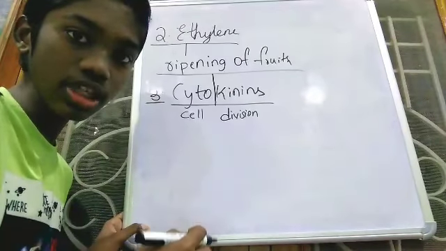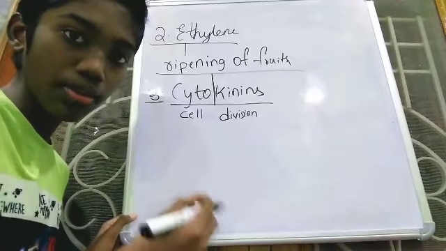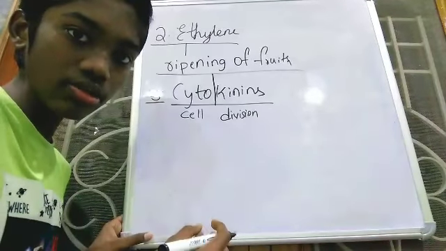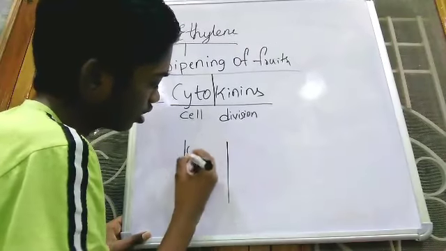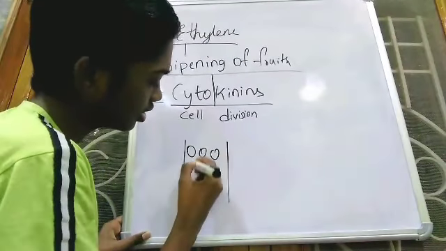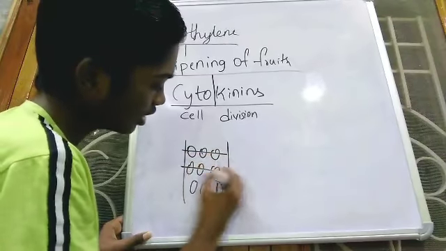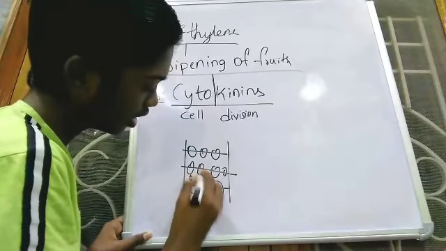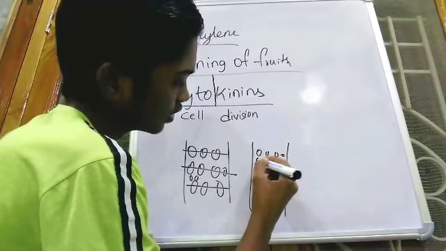If the rate of cell division is more, then the production of stems and leaves also will be more. If you assume this is the stem and these are the cells of the plant, there will be cell division and it results in the formation of more number of cells.